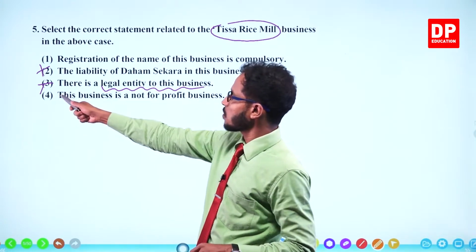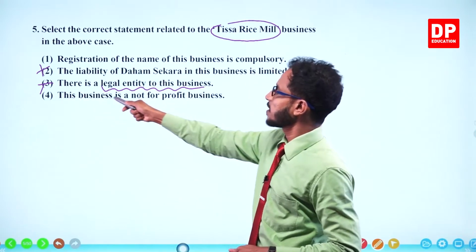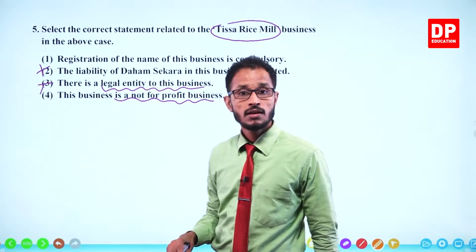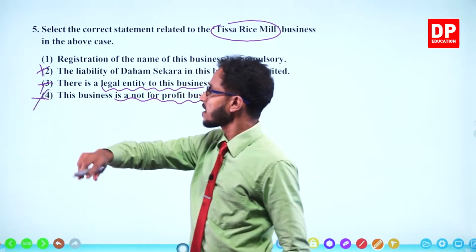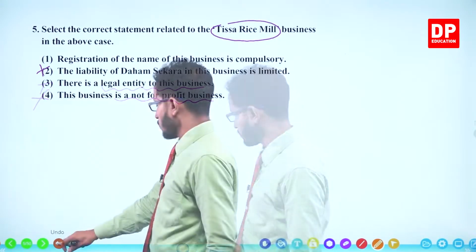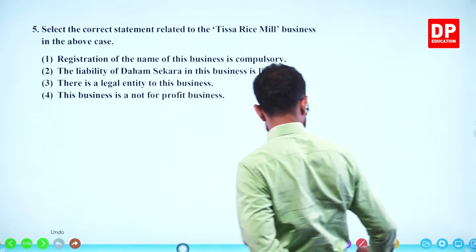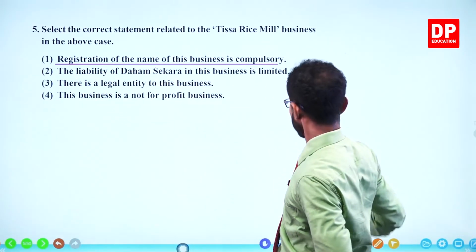This is also wrong because it says it's a non-profit. Rice mills are non-profit businesses. It's wrong. Answer is the first one. Registration of the name is compulsory.